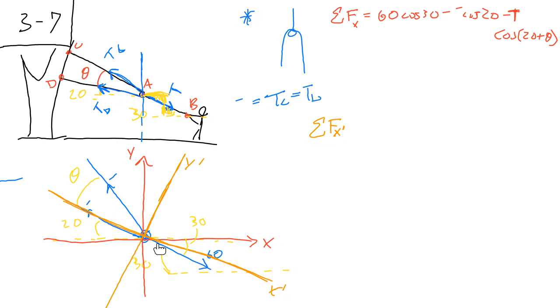That's projecting this tension in the rope that the guy is pulling. There's a small angle right there that projects onto the x prime axis. Let's zoom in on that right here. That angle right there. So if we're projecting this force onto that x prime, we have to use that small angle.